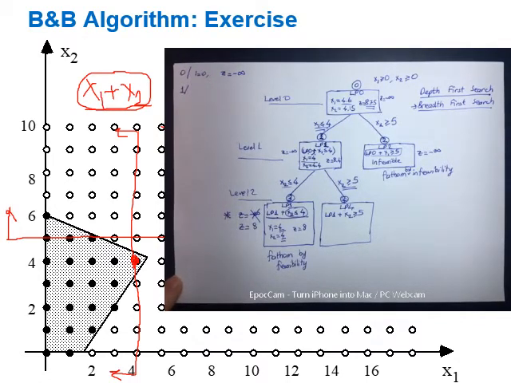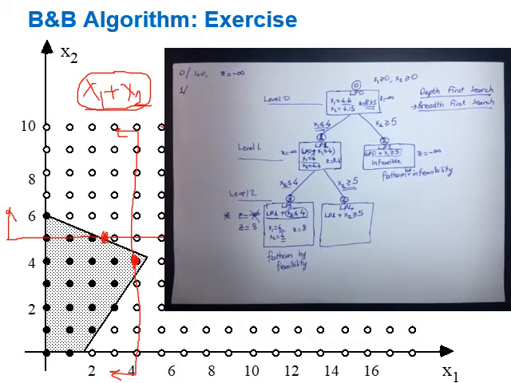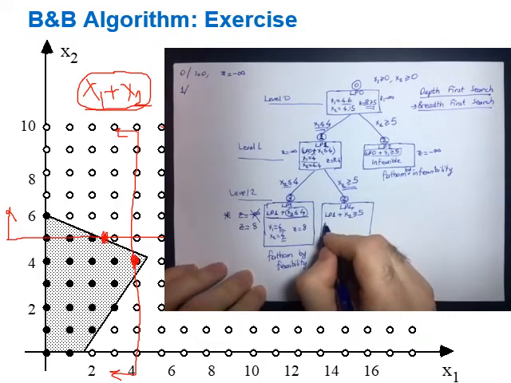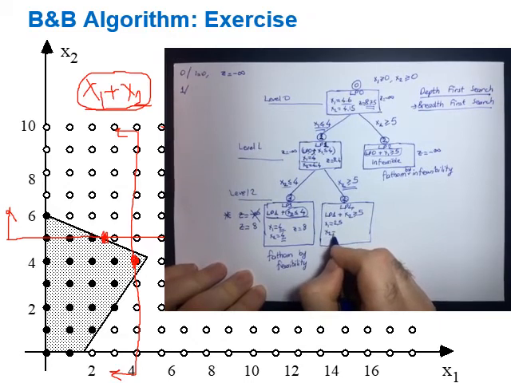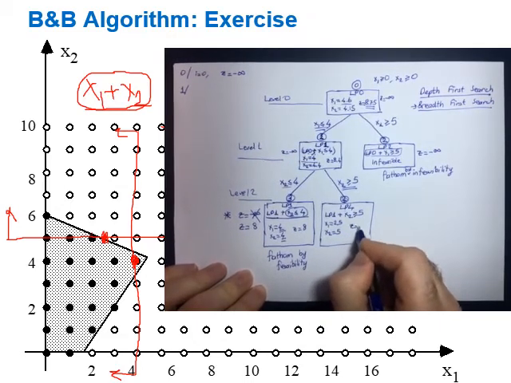And I am trying to maximize the objective function value. And the optimal solution to that one appears around here. At this point, this is the corner of the feasible region, and that point is x1 equals 2.5, x2 equals 5, and z equals 7.5.